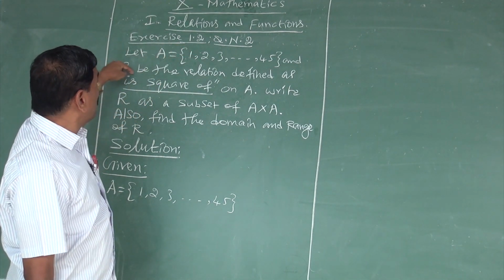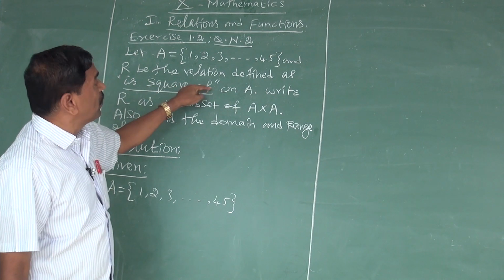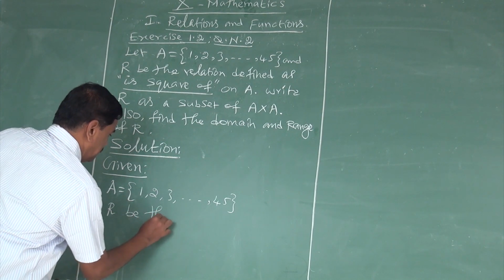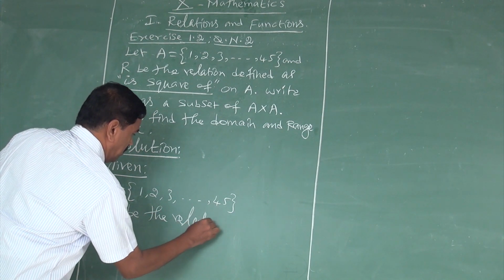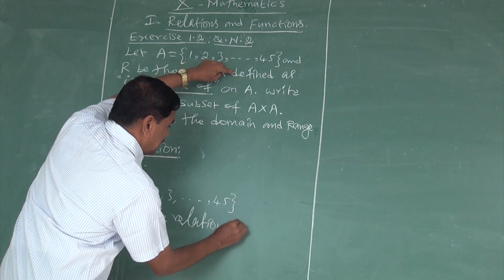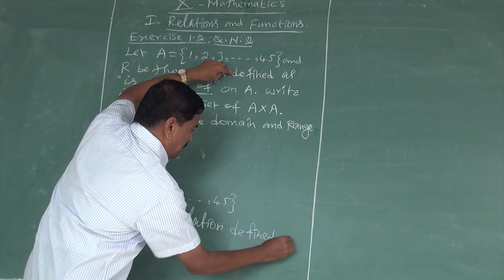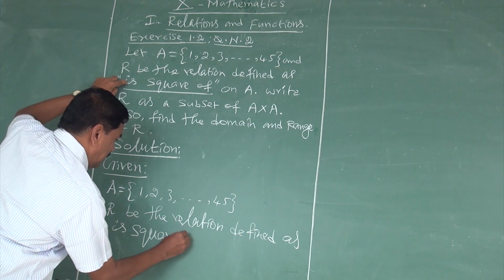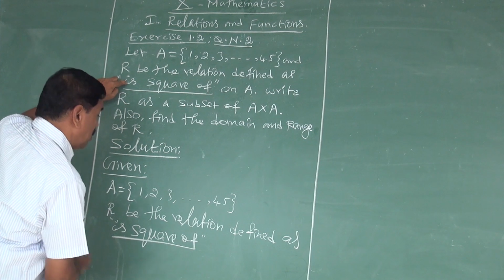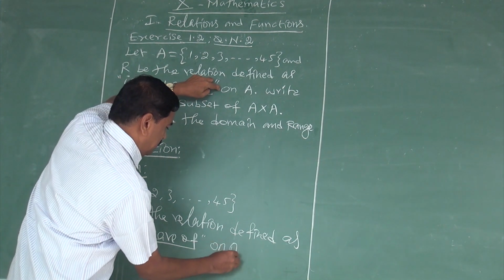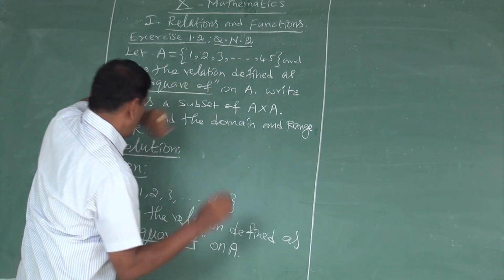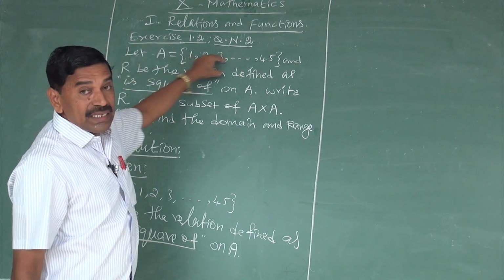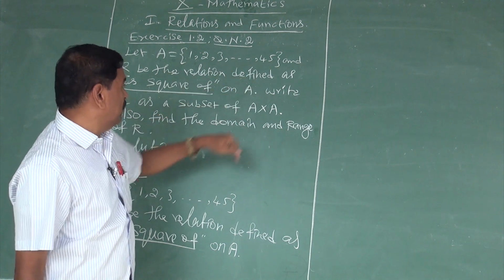The second line: R is the relation defined as 'is square of' on A. So these two data are given: the set A, and R is the relation 'is square of' on A.